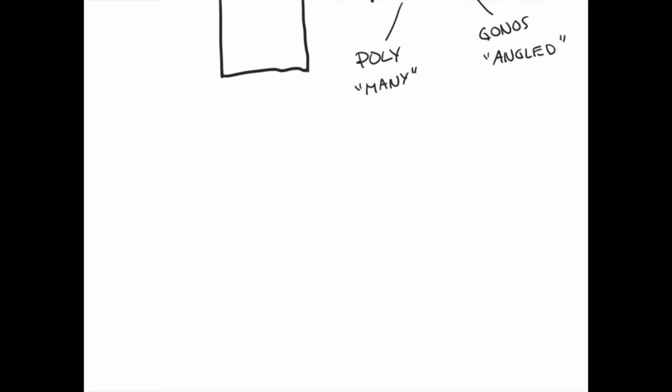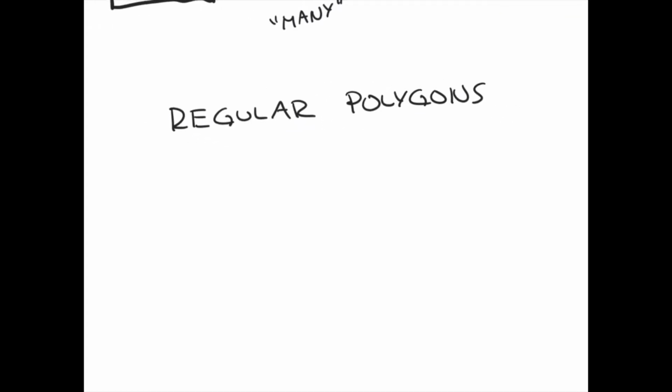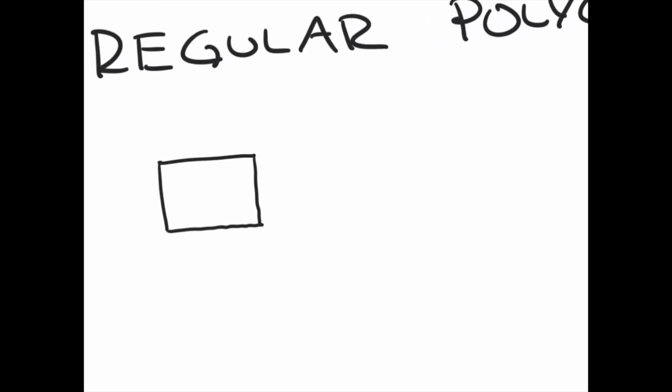What we're going to be looking at in this video is how to measure the perimeter of what are called regular polygons. Regular polygons are special because they are polygons where the side lengths and their interior angles are all the same, or congruent.